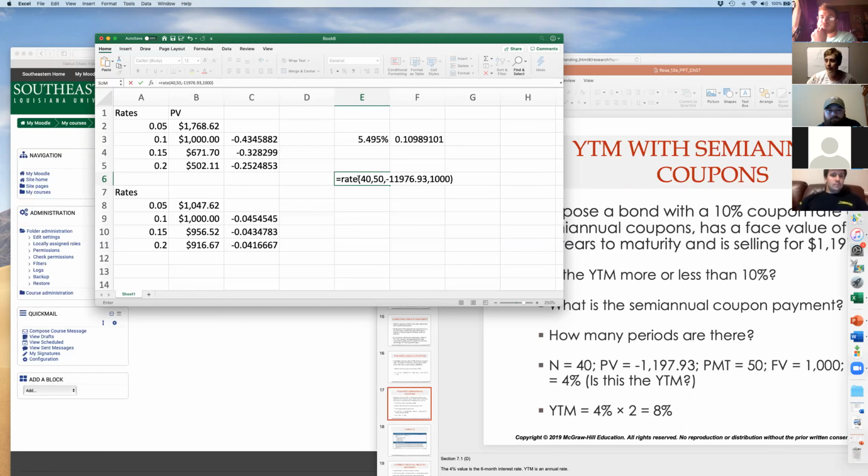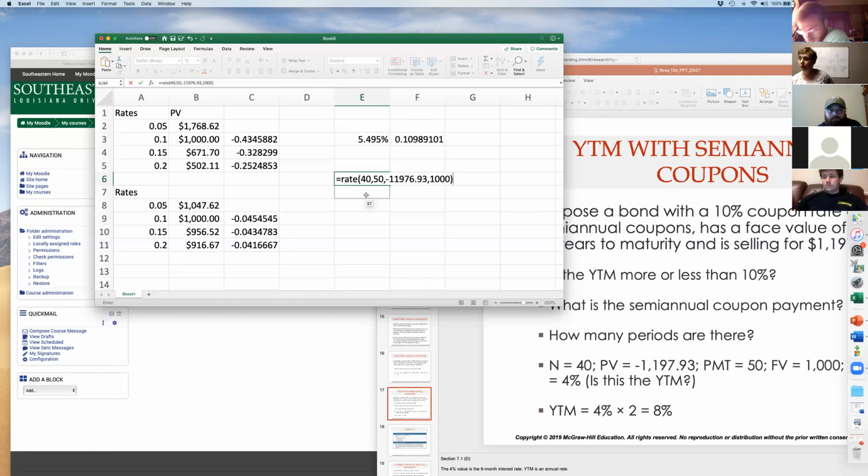Now since we're dealing with a premium bond, its price is over $1,000. That means that the coupon rate, which is 10%, must be higher than the going market yield to maturity. So we're expecting an interest rate that's going to be lower than 10% here, right?